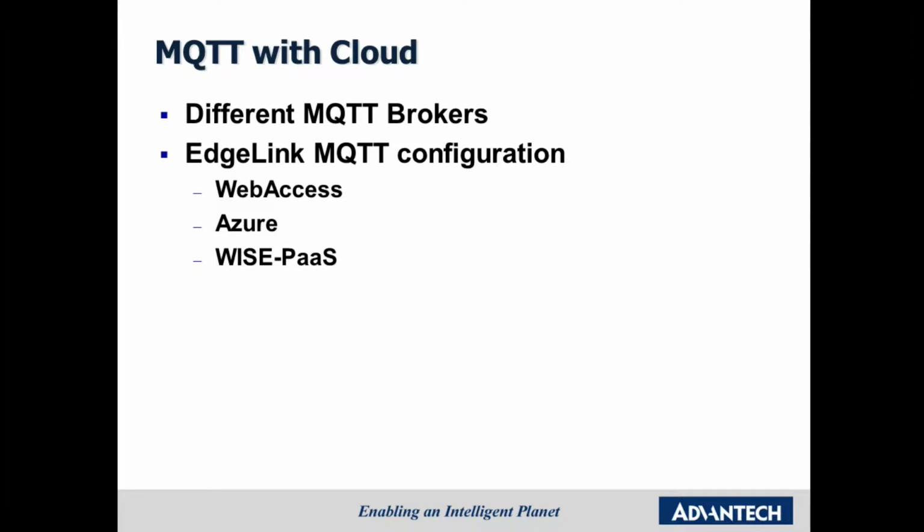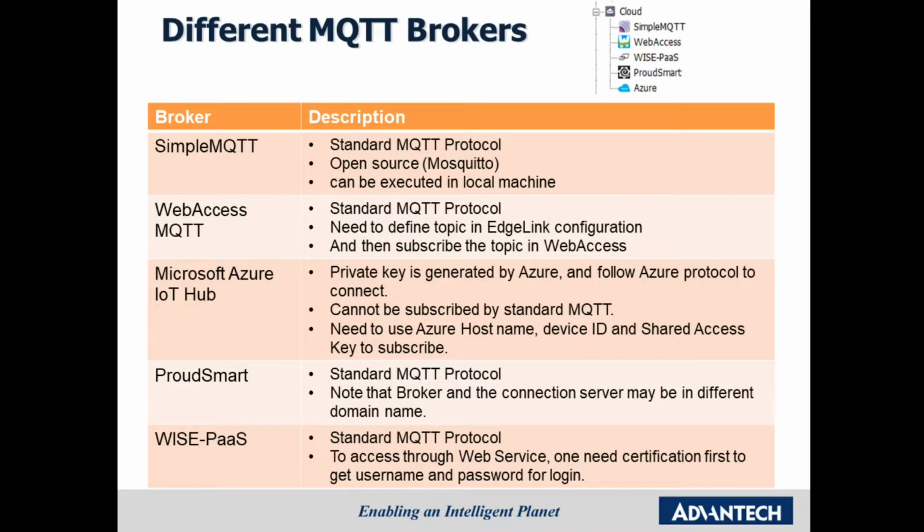For uploading MQTT to the different brokers, we list them as below. We will introduce them in this order: WebAccess, Azure, and WISE-PaaS. There are different MQTT brokers we support in this version of EdgeLink Studio: Simple MQTT, WebAccess MQTT, Azure IoT Hub, Pro Smart Cloud, and WISE-PaaS.